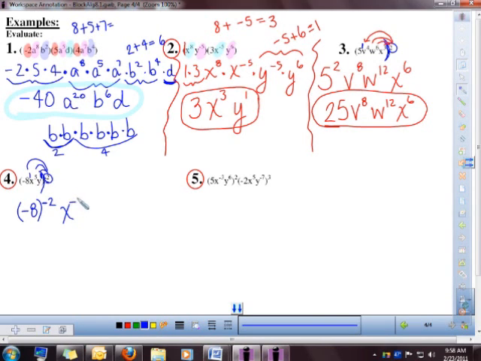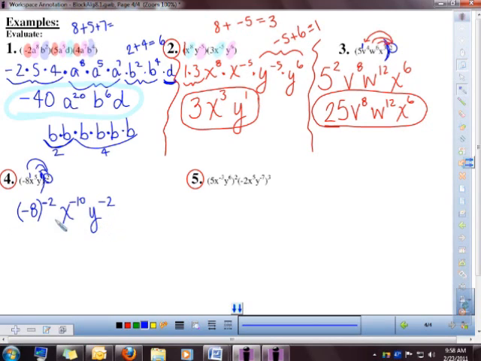Negative 10. And then y, okay, 1 times negative 2 is negative 2. Now this problem, the negatives didn't go away like on example 2. So we're going to have to deal with these negative exponents.